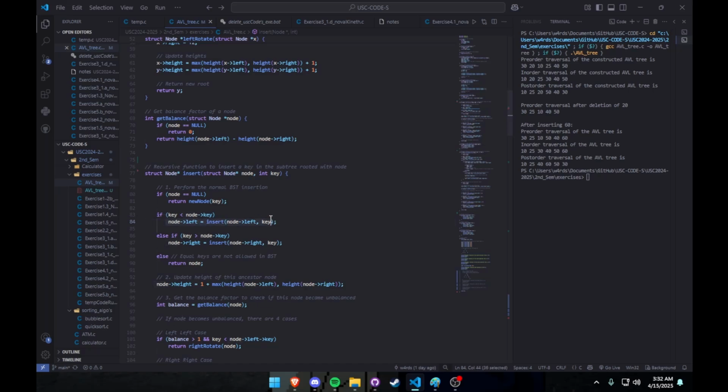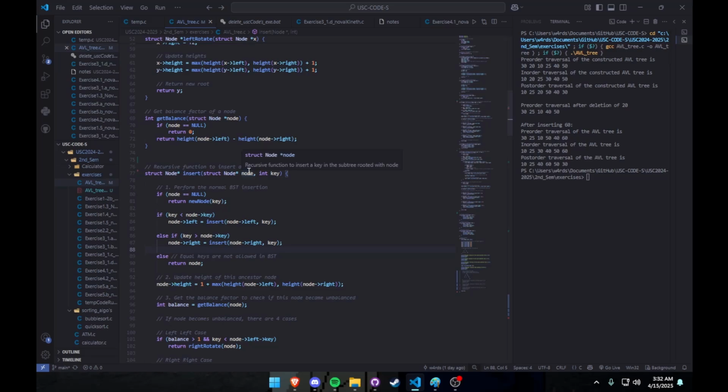This is recursion. And then else if key is greater than node's key, then node right is equal to insert node right key. This is basically just making sure that the BST is set as normal.